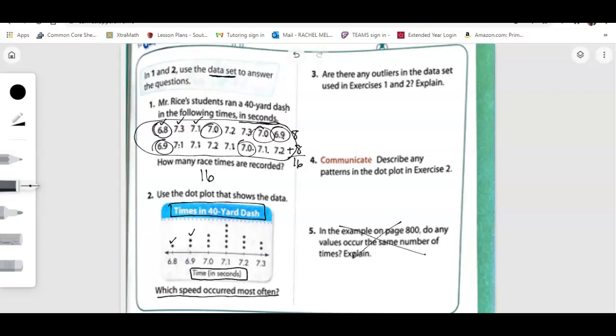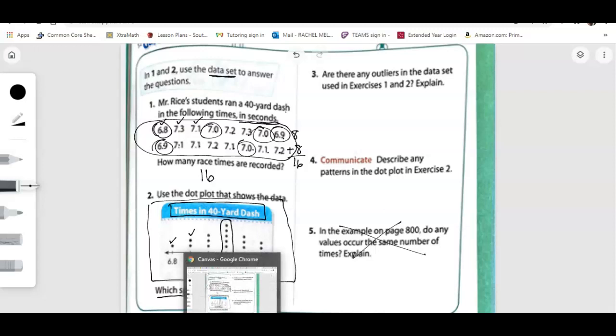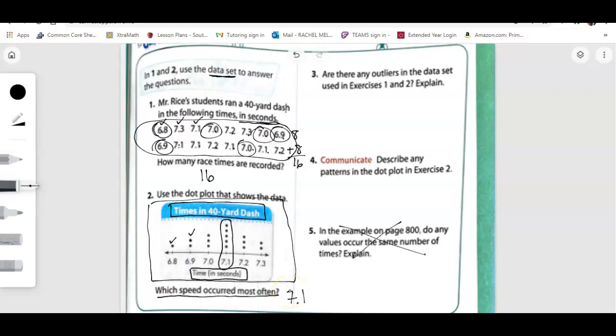So we're looking for the time in seconds, the speed that has the most dots. Okay. When it's in a dot plot like this, that is super easy to see, isn't it? Okay. I can see that this one has the most dots. Okay. So that would be 7 1/10 seconds.